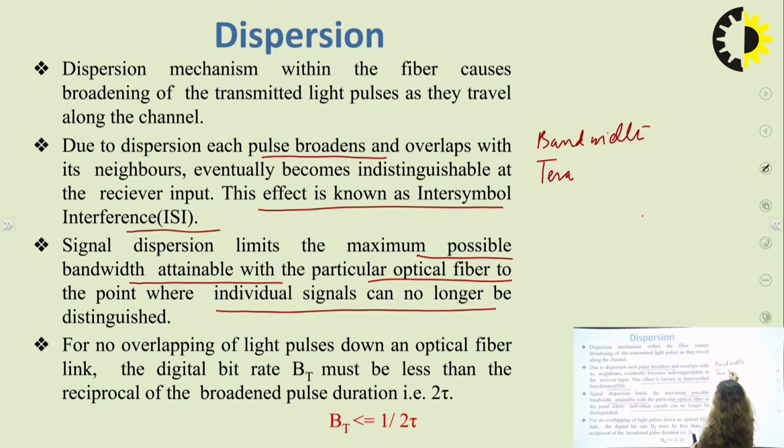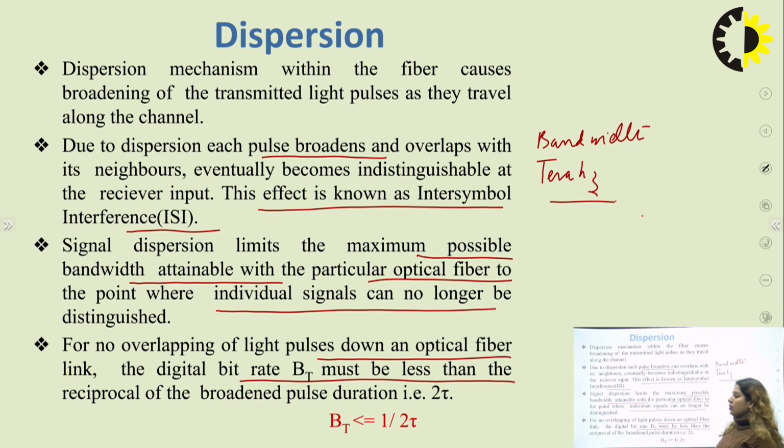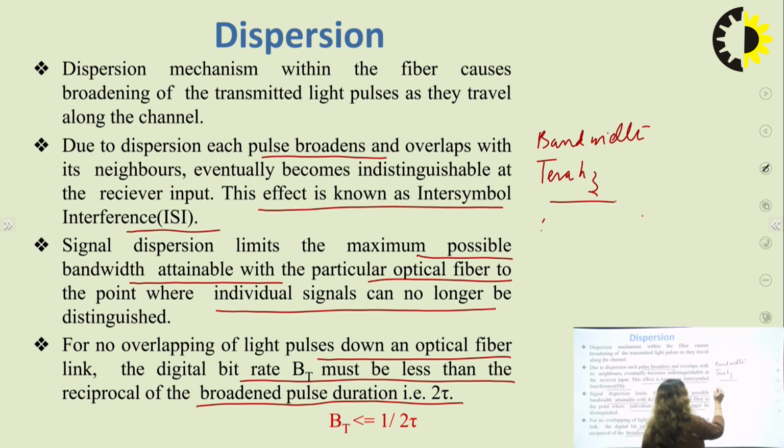So obviously it limits the bandwidth of the fiber, and for no overlapping of the light pulses down an optical fiber, the digital bit rate must be less than the reciprocal of the broadened pulse duration, that is 2 tau. So we want that no pulses will be overlapping with each other, so we require this equation, that is B_T is less than or equal to 1 upon 2 tau, where tau is the width of an individual pulse.